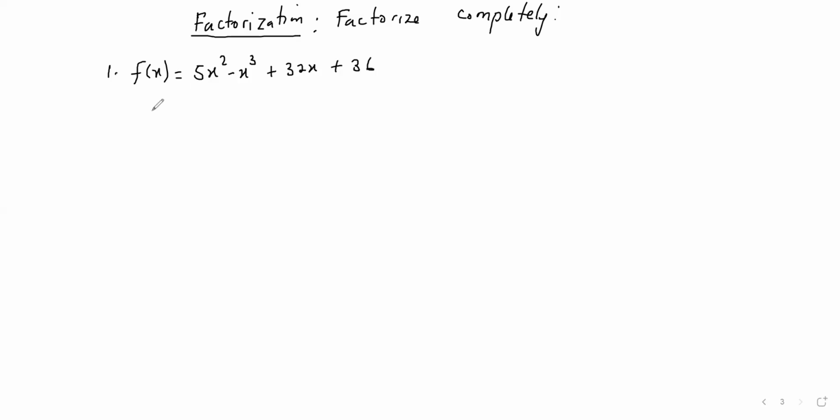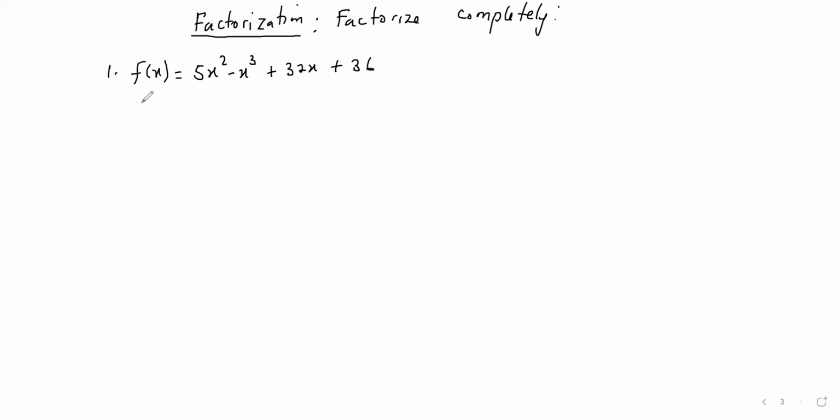So when I want to factorize, I must first find a factor. How do you find a factor? You use a trial and error method.